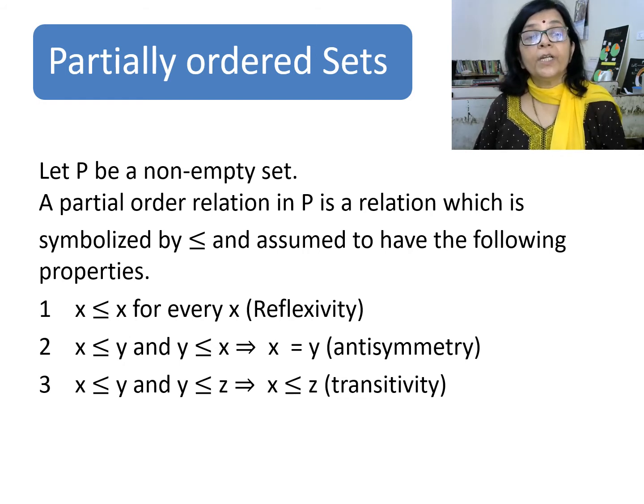First, x ≤ x for every x, that is, reflexivity. Second, x ≤ y and y ≤ x implies that x = y, antisymmetry. Third, x ≤ y and y ≤ z implies that x ≤ z. This is transitivity.